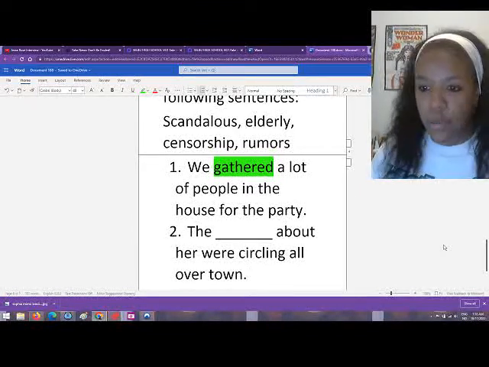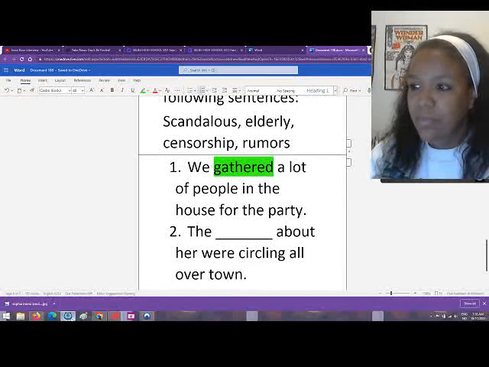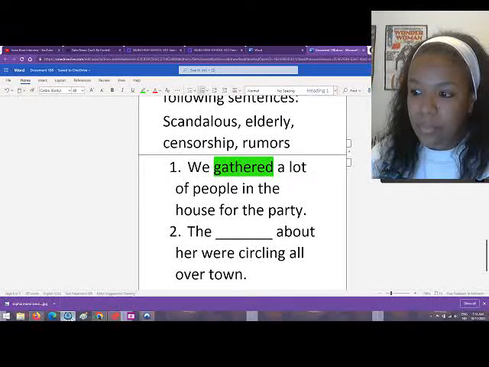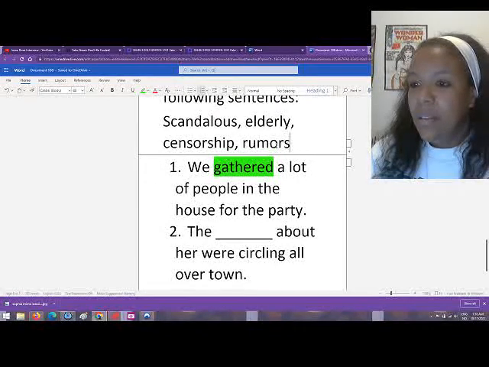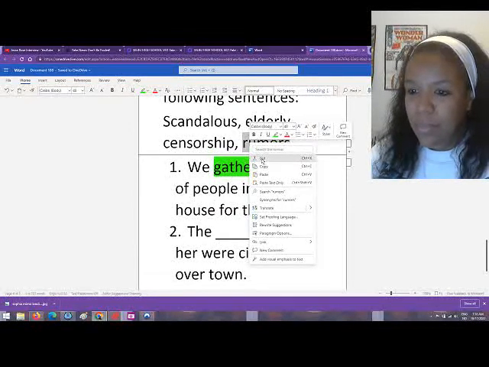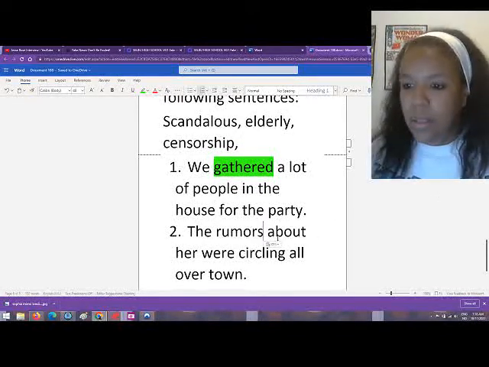Please type in chat which of these words best fills this sentence. So those of you who picked the word rumors, you picked the correct word.